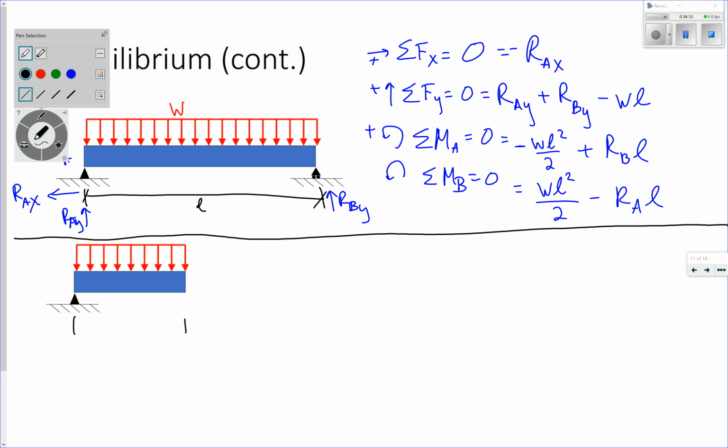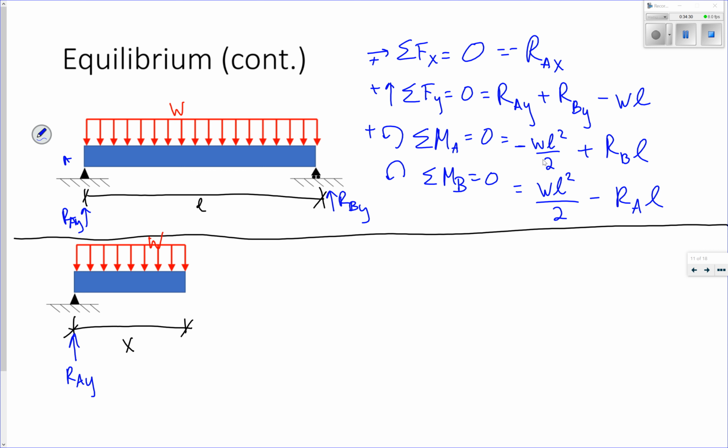If this is some distance X along the length, I still have my distributed load and my reaction at A. It doesn't actually matter which way I draw it. You can assume it's positive, and then just let the math tell you otherwise.